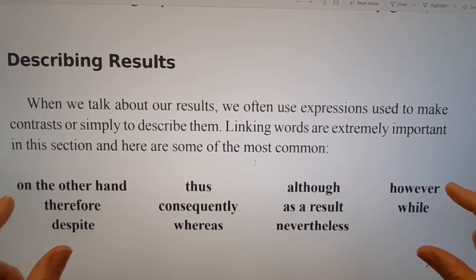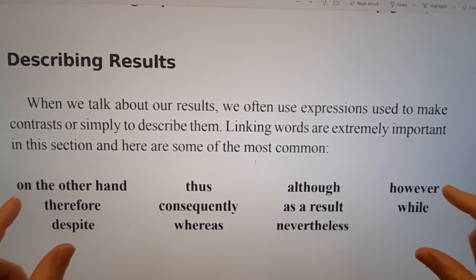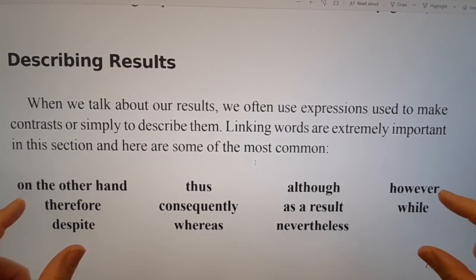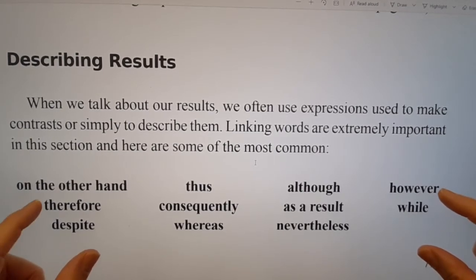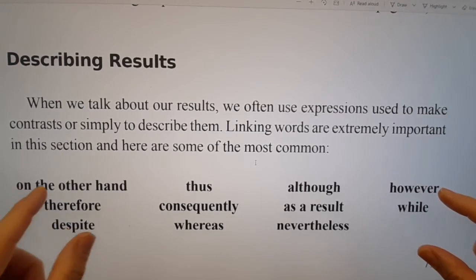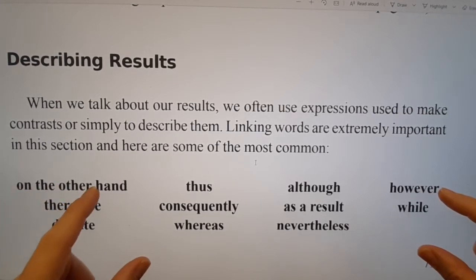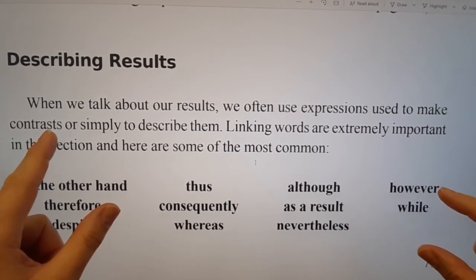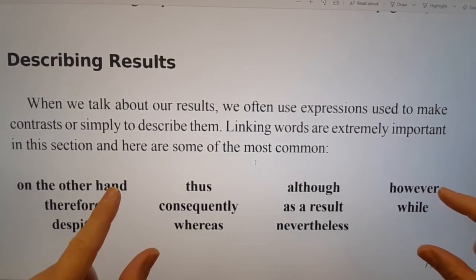So these are some of the most common linking words. You can use them in writing as well, in your professional writing, but also when you present. So for example, you have words such as "on the other hand." Remember, on the other hand, hand, not side.